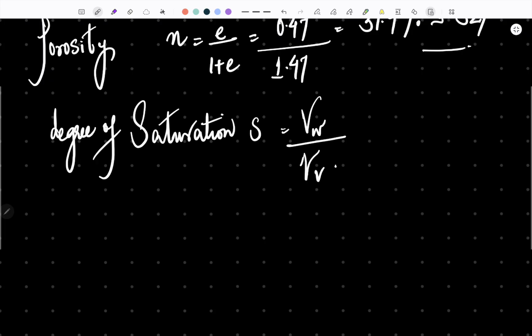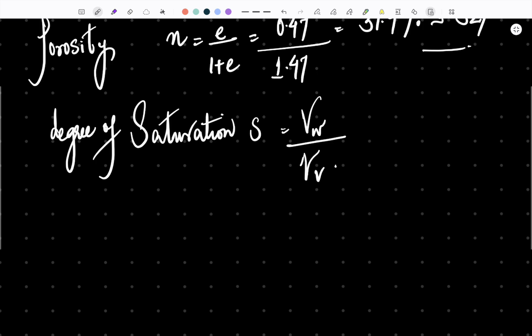All right. Degree of saturation is a ratio of volume of water to the volume of voids, and we know that degree of saturation is generally expressed as a percentage, and it is equal to 0 when the soil is absolutely dry, and it's equal to 100% when the soil is fully saturated. In expressions, we use this as a decimal, but we generally express it in terms of a percentage.